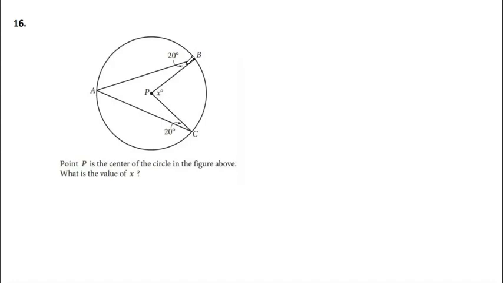So we have 20 degrees here, right? From P to B is the radius, right? The radius can be anywhere. Also remember, from A to P is also the radius, right? Yeah, we got it, right? So A to P is the radius, as well as P to C is the radius.